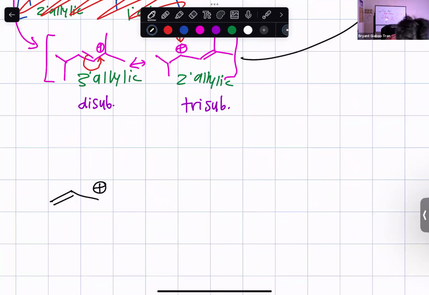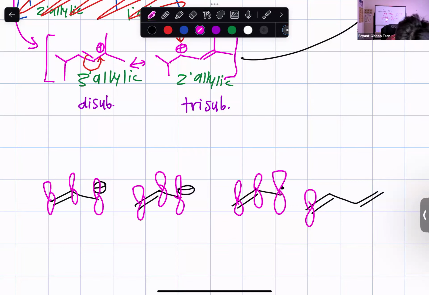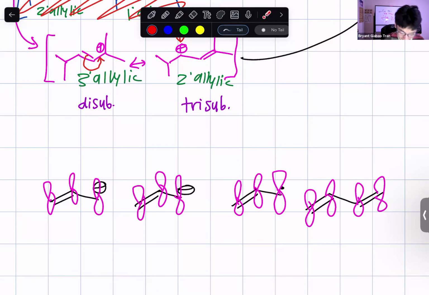Where this is conjugated, or that could do resonance, this is conjugated, this is conjugated, and this is conjugated, right? A network of adjacent p orbitals like this. All these things are considered delocalized or conjugated. A network of at least 3 p orbitals that are parallel to each other, right?